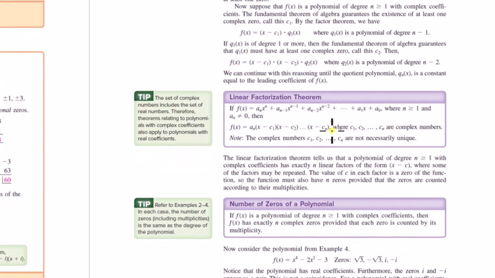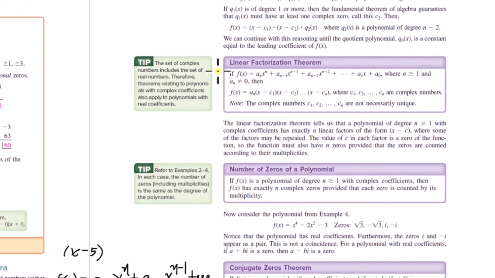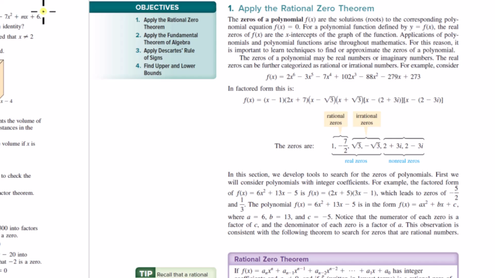Oh, and I want to point this out too. If we come back to the beginning of this section, we were given this polynomial here, which was more of an example of a polynomial that doesn't have complex coefficients, more of a typical polynomial we would deal with.